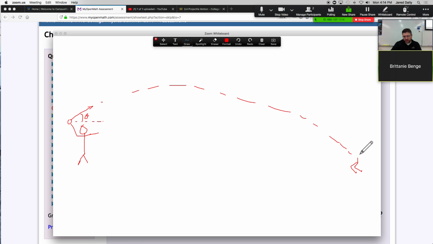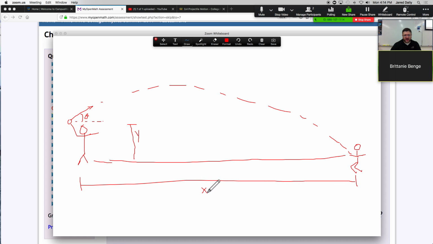So the catcher is lower down to the ground, and the catcher catches the ball, right? There's a difference in height between the throw and the catch. We have this difference in height here, which we're going to call Y, right? We have a distance between the players, which we're going to call X.